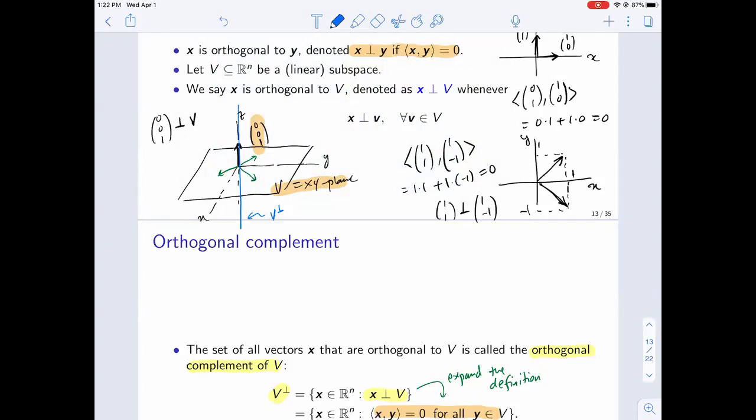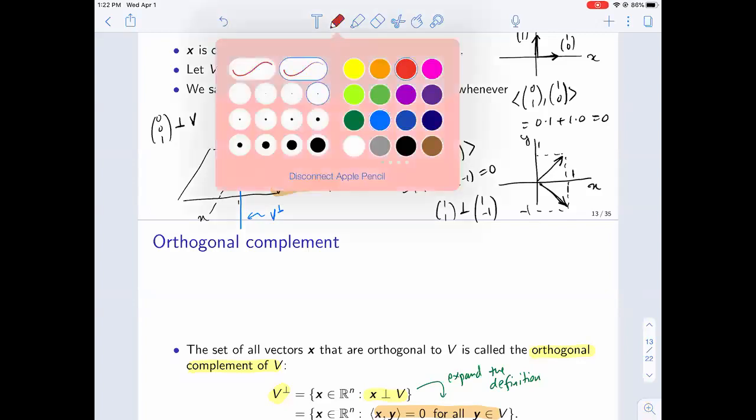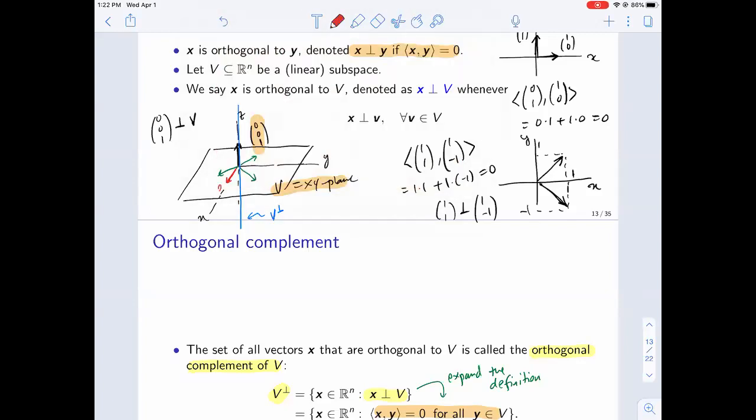So if you want to find the V perp, you can find a basis for V. A basis for that space is E1 and E2.